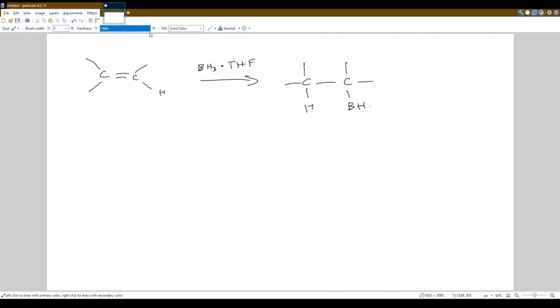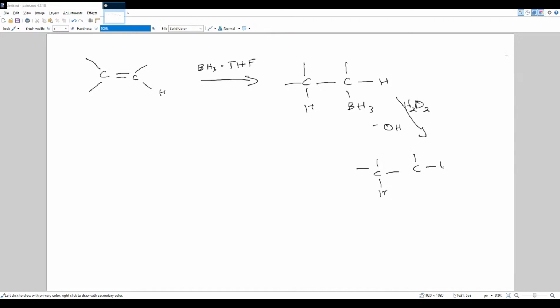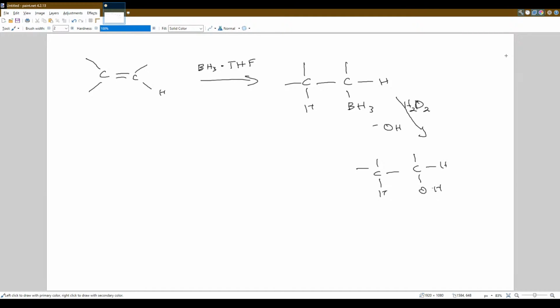So it should be like this. And then once we have that molecule, we're going to react it with peroxide, I think. Yeah, peroxide and hydroxide to remove the boron and replace it with the hydroxyl group. And so then we get an anti-Markovnikov alcohol.